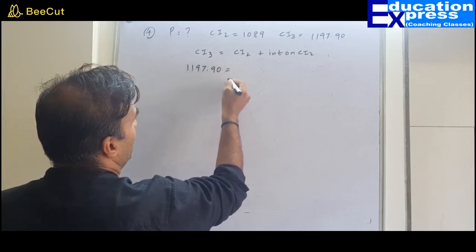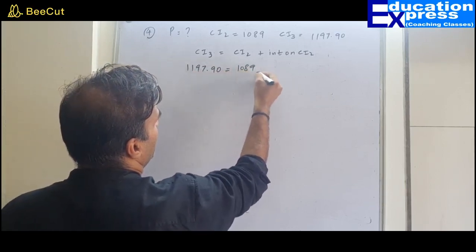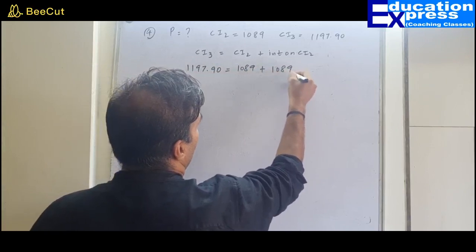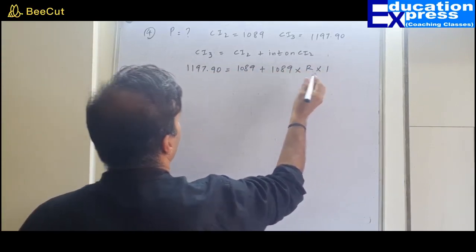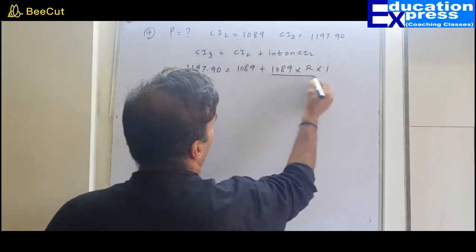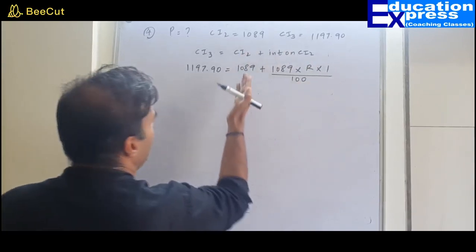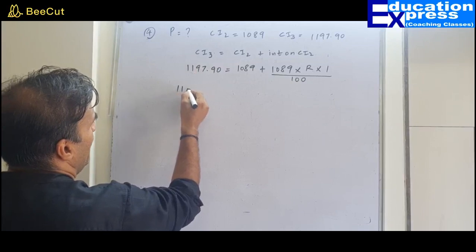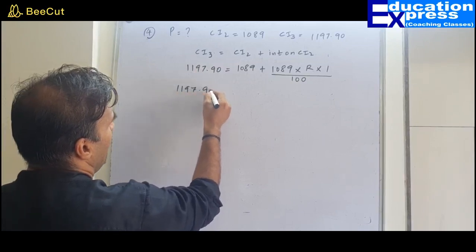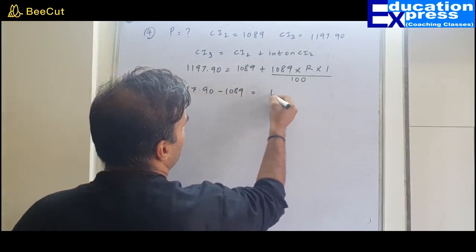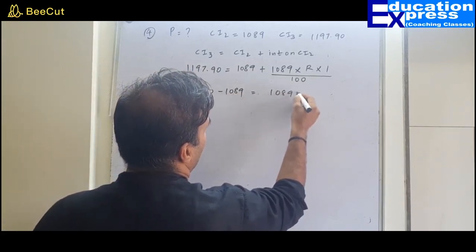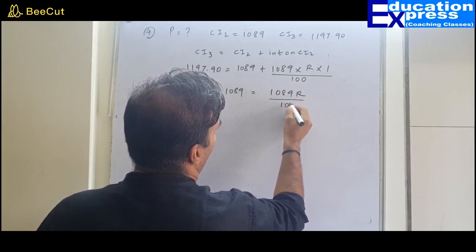1197.90 is equal to 1089 plus 1089 into rate, which is not available, time 1 year from year 2 to year 3, the whole upon 100. Can we shift this side? 1197.90 minus 1089 should give you how much? 1089 R upon 100.